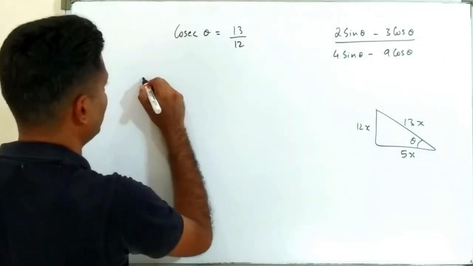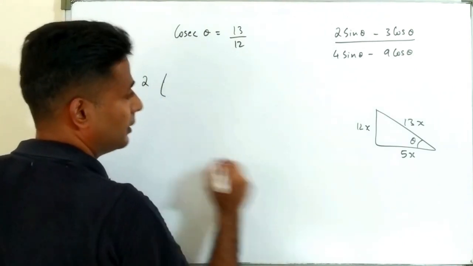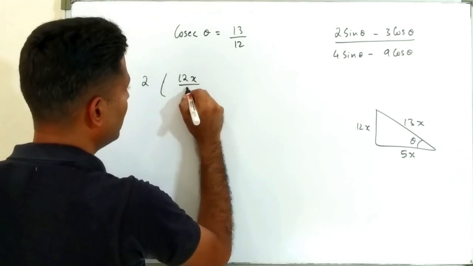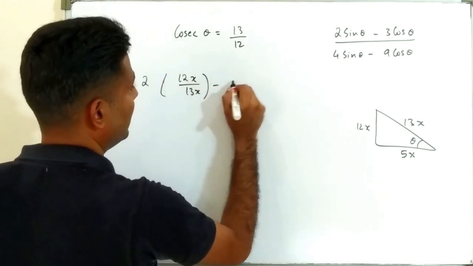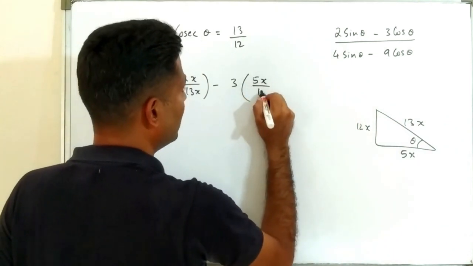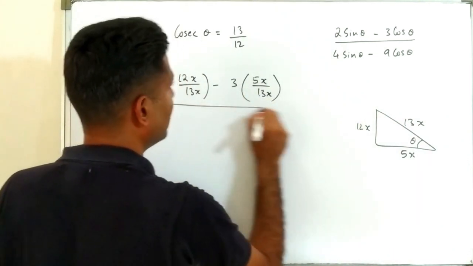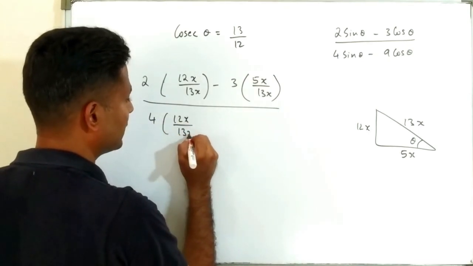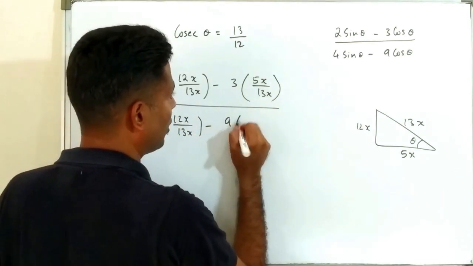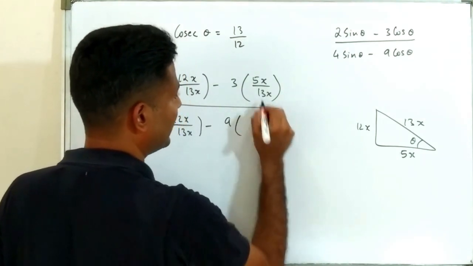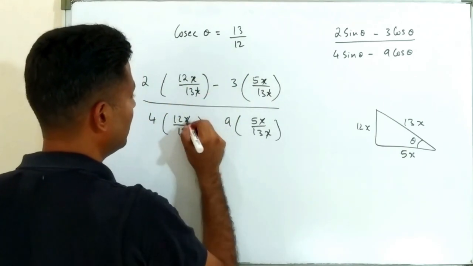Now we just have to substitute. 2 sine theta, sine is opposite by hypotenuse, so 12x by 13x, minus 3 cos theta, adjacent by hypotenuse, so 5x by 13x, divided by 4 sin theta, that is 12x by 13x, minus 9 cos theta, that is 5x by 13x. So x cancels everywhere, right?